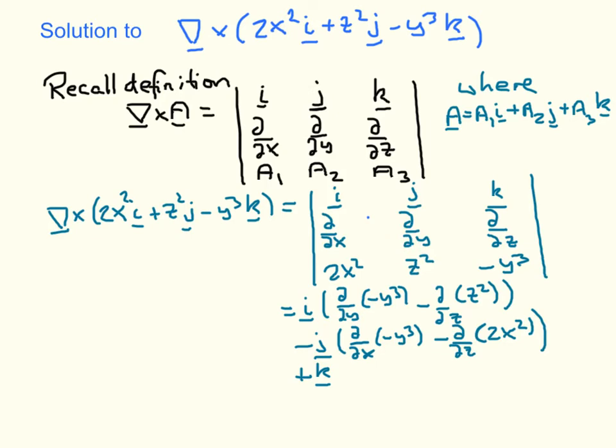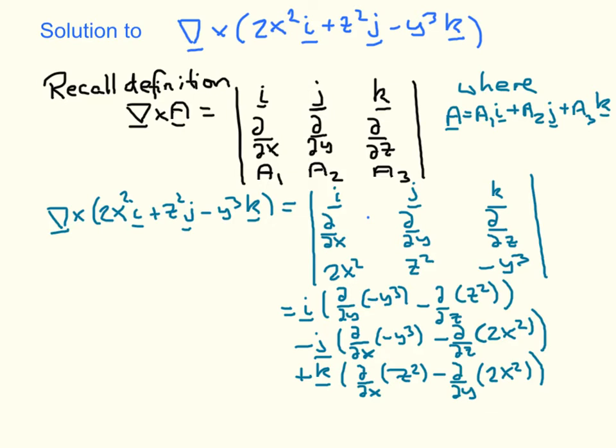So we are going to have, open brackets, d by dx on z squared minus d by dy acting upon 2x squared, close brackets, and this is our result.